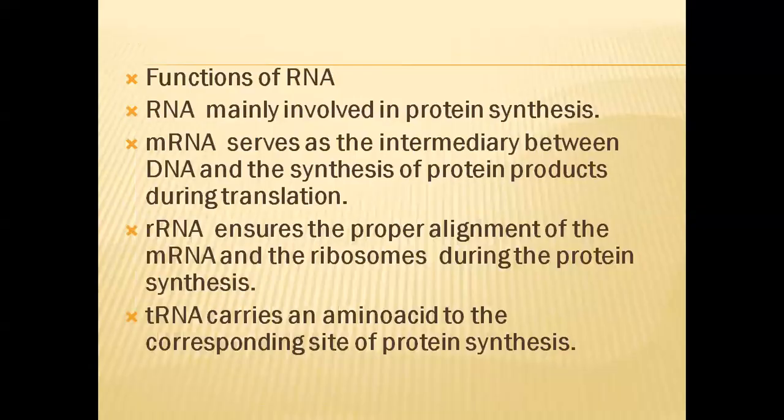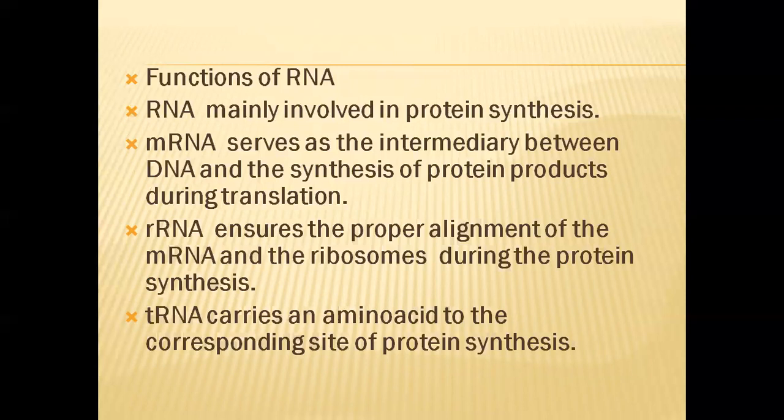Now the functions of RNA. Already I told the main function: the three types of RNA, mRNA, rRNA and tRNA, are involved in protein synthesis. The function of mRNA is that it serves as the intermediary between the DNA and the synthesis of protein products during translation.